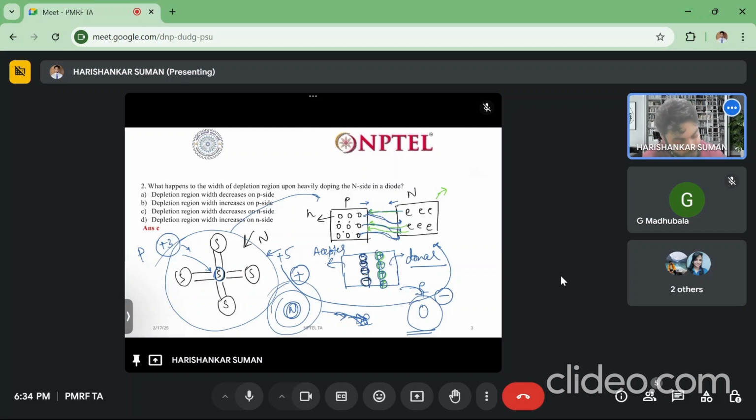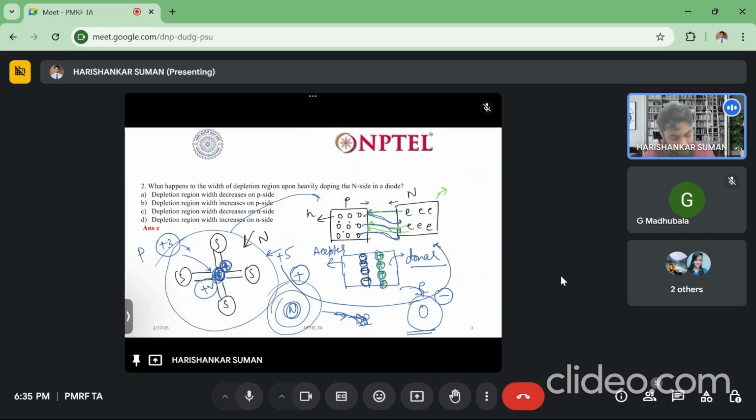So these charges are immobile. Why? Take an atom with five valency: it donates an electron and takes a plus charge.